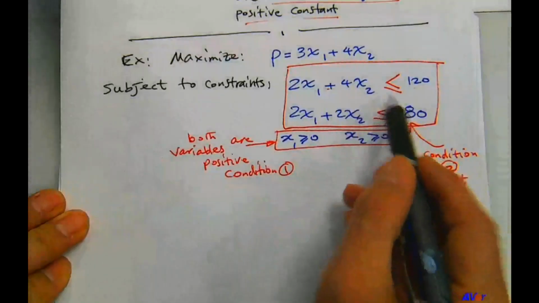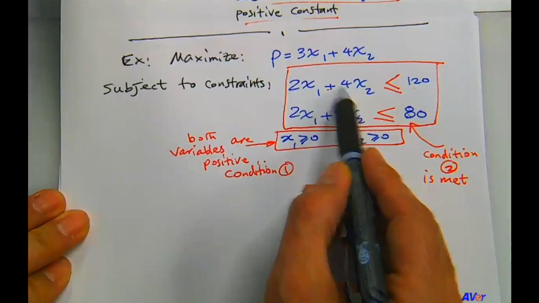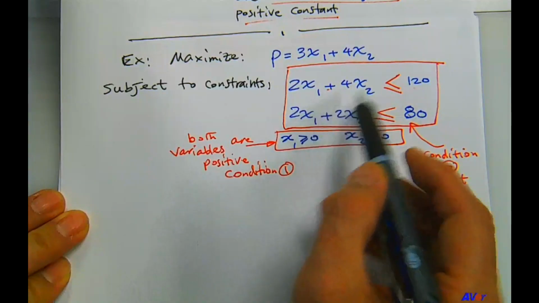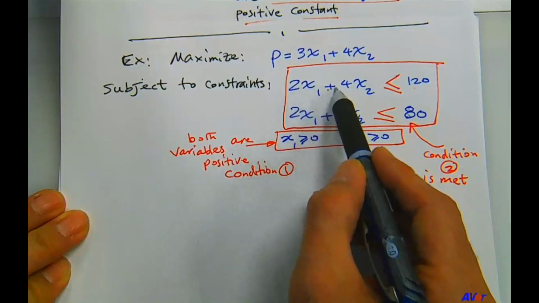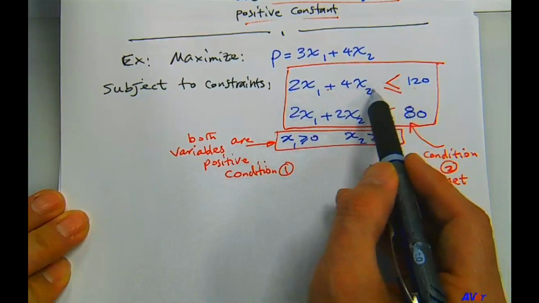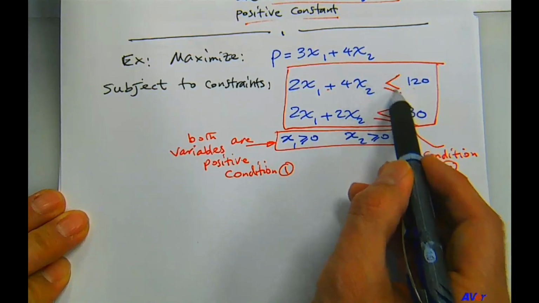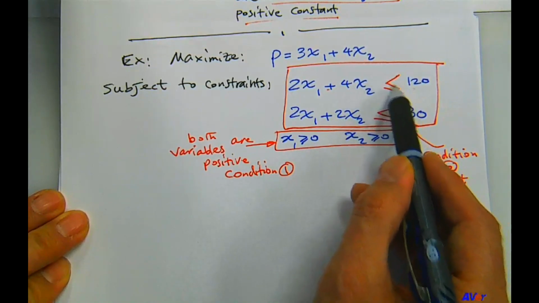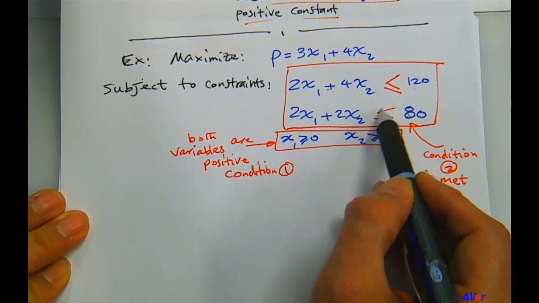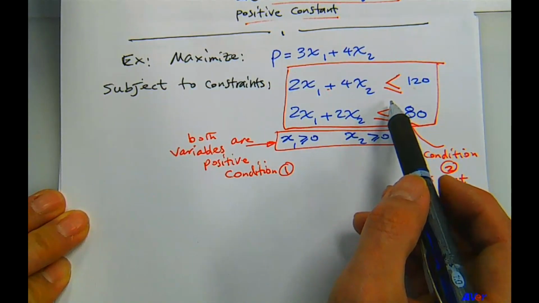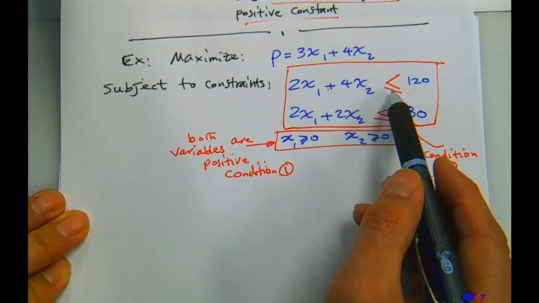Each of these constraint inequalities, these coefficients, we're going to need in the simplex method. But as they are, we cannot use them because they belong to an inequality. We need to convert each of these inequalities to equalities, and slack variables are one way of achieving that.